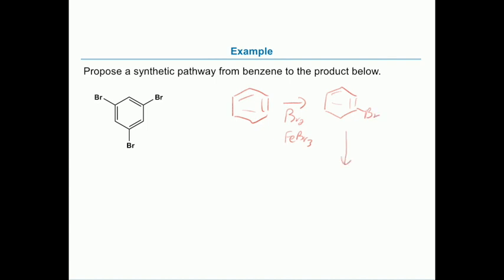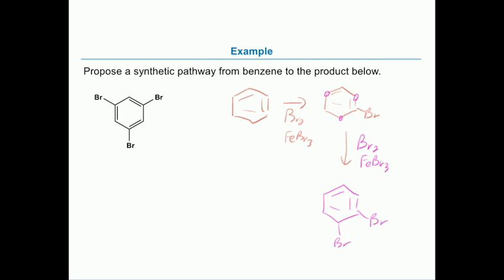However, bromine and all halogens are weak deactivators, but they're also ortho-para directors. So if I was going to try and polybrominate this, hitting it again with, let's say, FeBr3, what I'm going to make is probably the ortho or para directed compound, right?